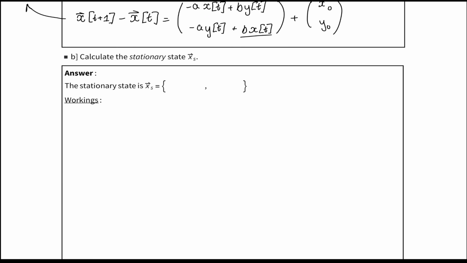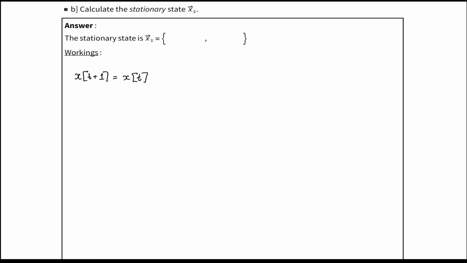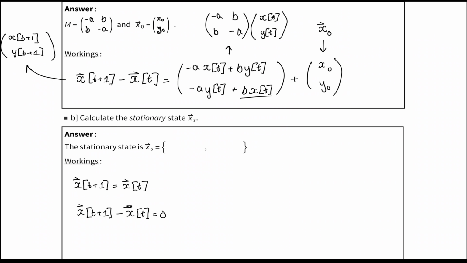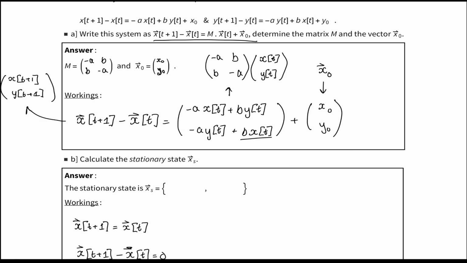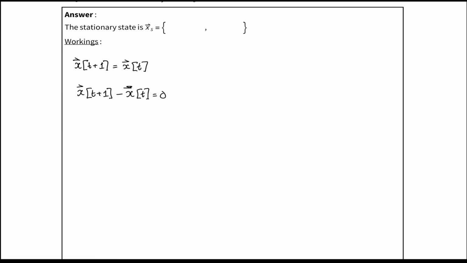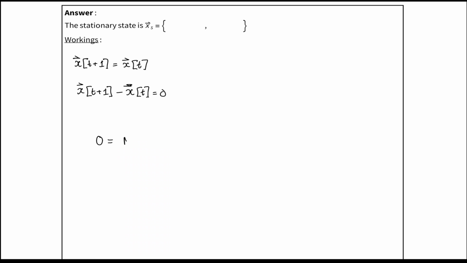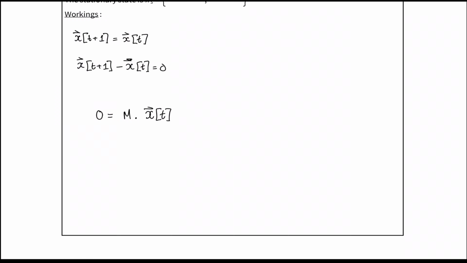So essentially, x_{t+1} is going to be equal to x_t, which means that x_{t+1} minus x_t will be 0. So we're going to equate this to 0, and that just means we have 0 is equal to the matrix M multiplied by the vector x_t plus the vector x0.